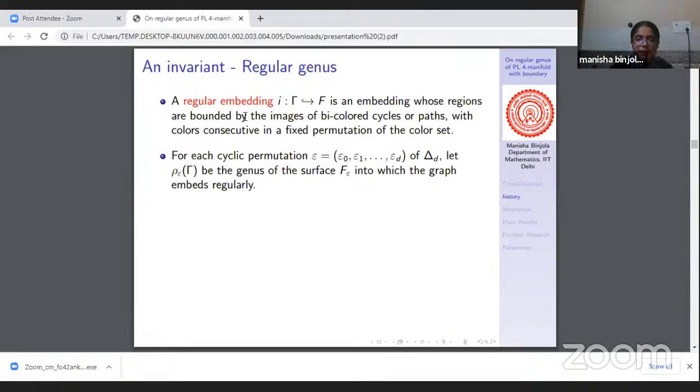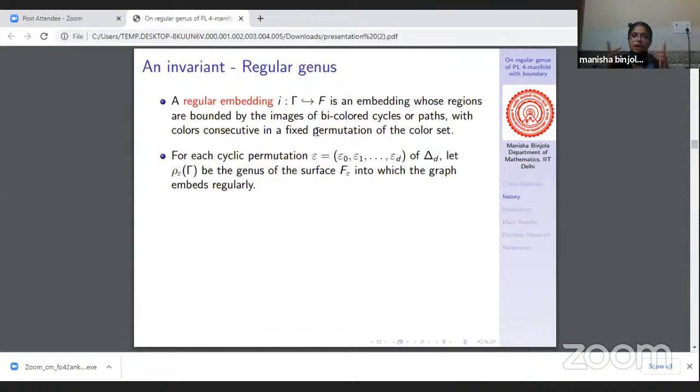Then a regular embedding is an embedding of gamma into some closed surface F if regions of the surface are bounded by bicolor cycles. Suppose 0, 1, 2, 3 is the color set. If one region is bounded by a 0, 1 cycle, another region by a 1, 2 cycle, and another by a 2, 3 cycle, then this embedding is called a regular embedding.